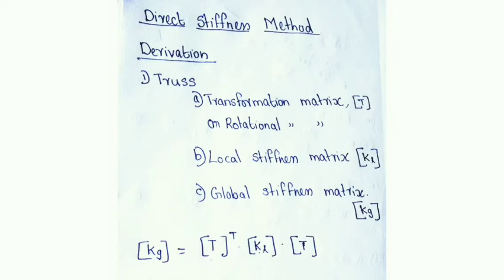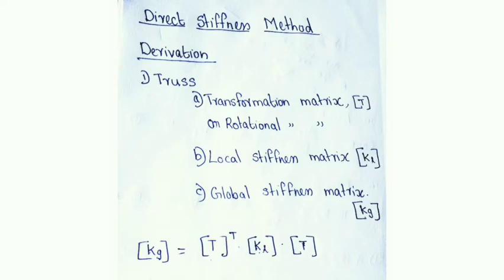Now the relation connecting these three matrices is Kg is equal to T transpose KL into T. That is, to get the global stiffness matrix Kg, we need KL and T, that is local stiffness matrix and transformation matrix.